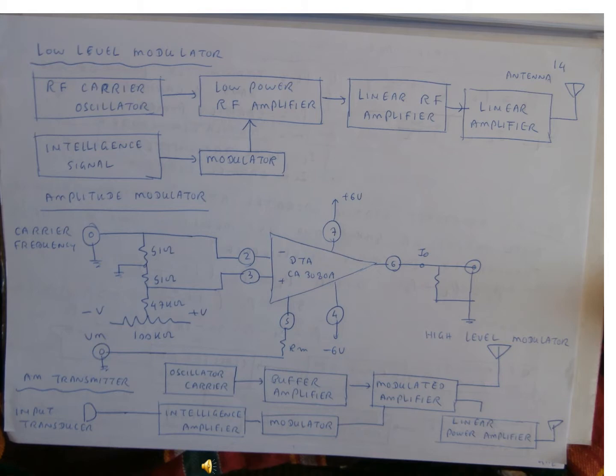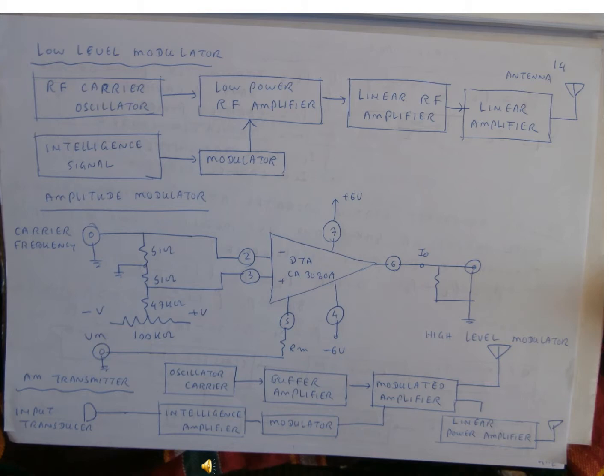Now the low level modulator circuit: the radio frequency carrier oscillator output goes into the low power radio frequency amplifier.